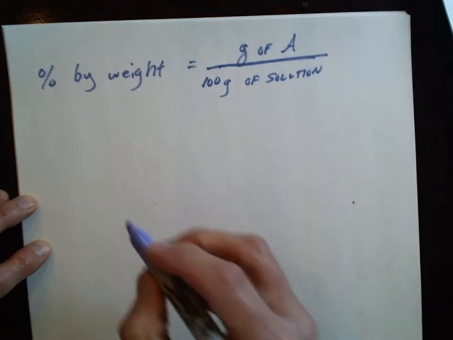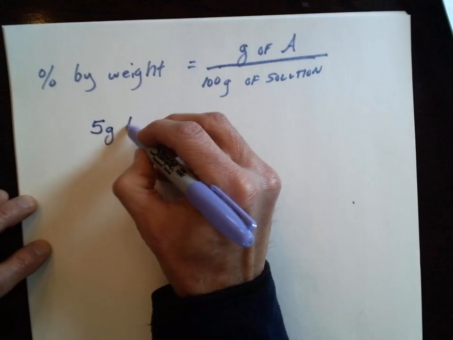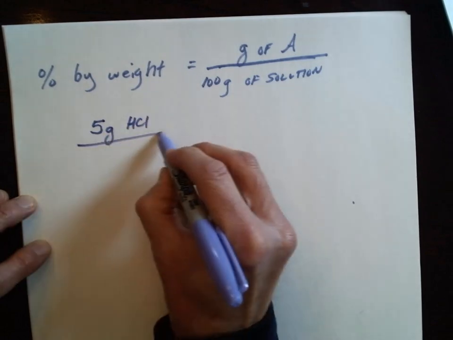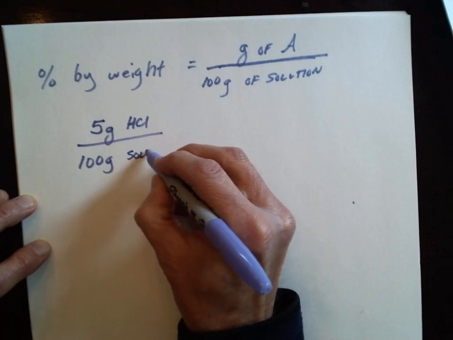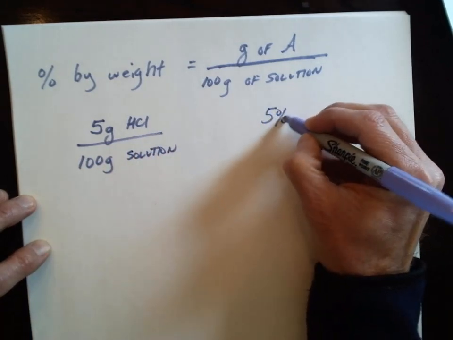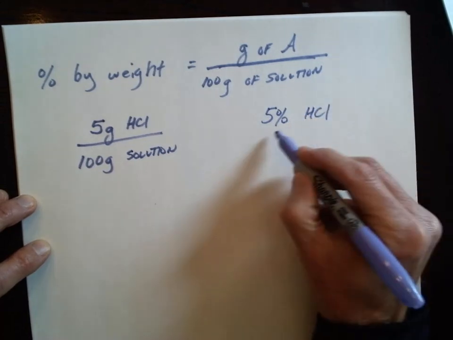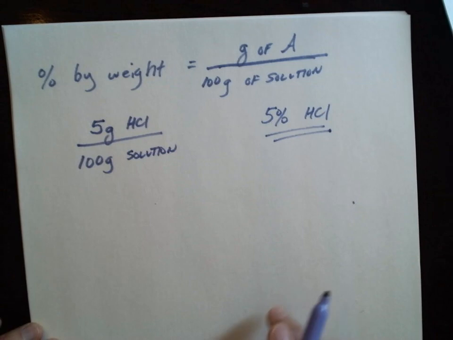So if I have a 5% solution of hydrochloric acid, we'd say that's 5 grams of hydrochloric acid for every 100 grams of the acid solution. So anytime you're given a 5% solution of HCl, you can write it like this, and that's going to help you with the mathematics.